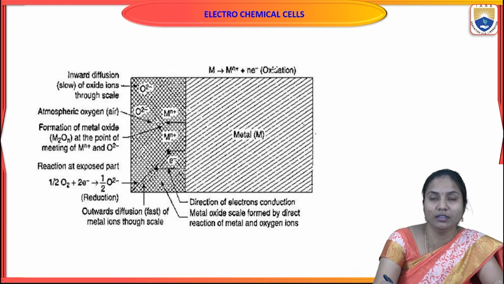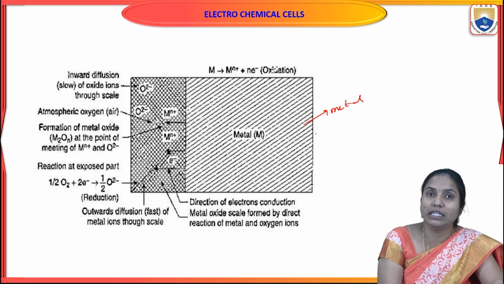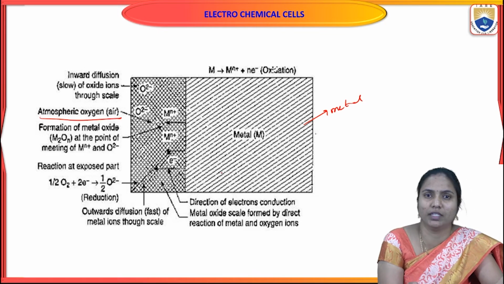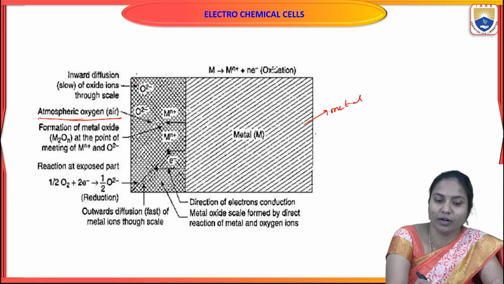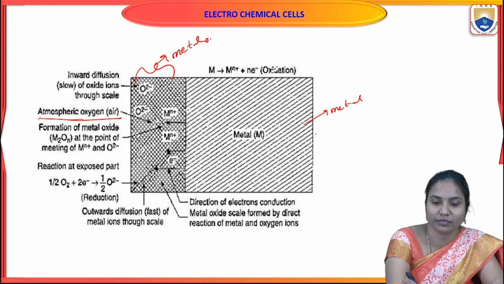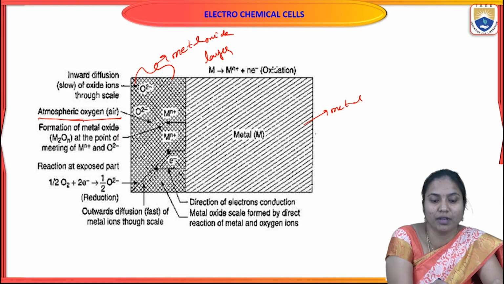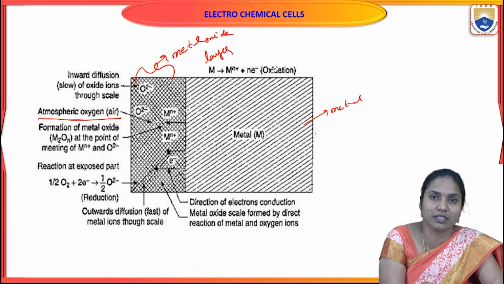For example, here is a metal. Any metal, when it interacts with atmospheric oxygen, forms a metal oxide layer on the metal surface.